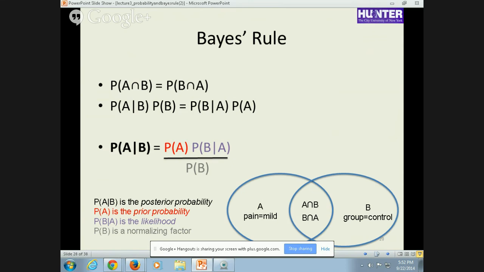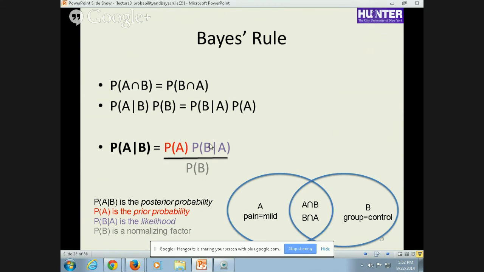So here A would be whether you have the disease, and B would be getting a positive test. So the numerator is the sensitivity.